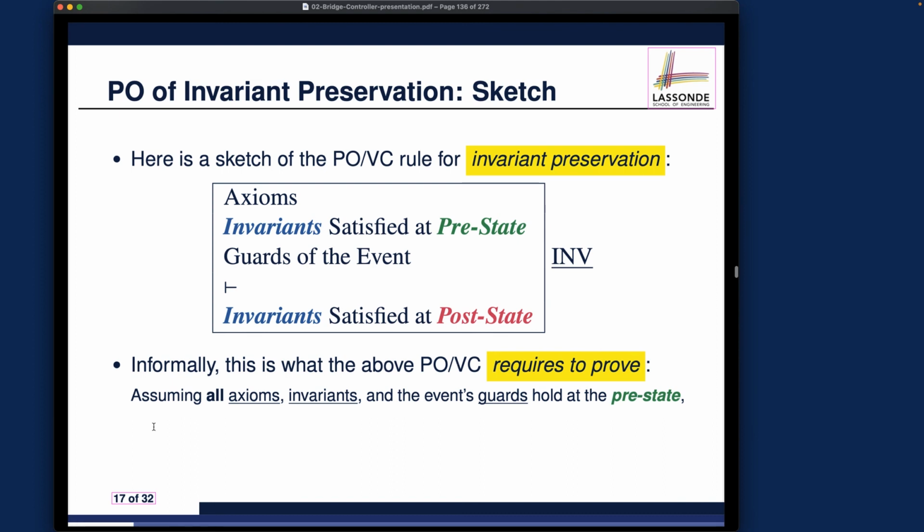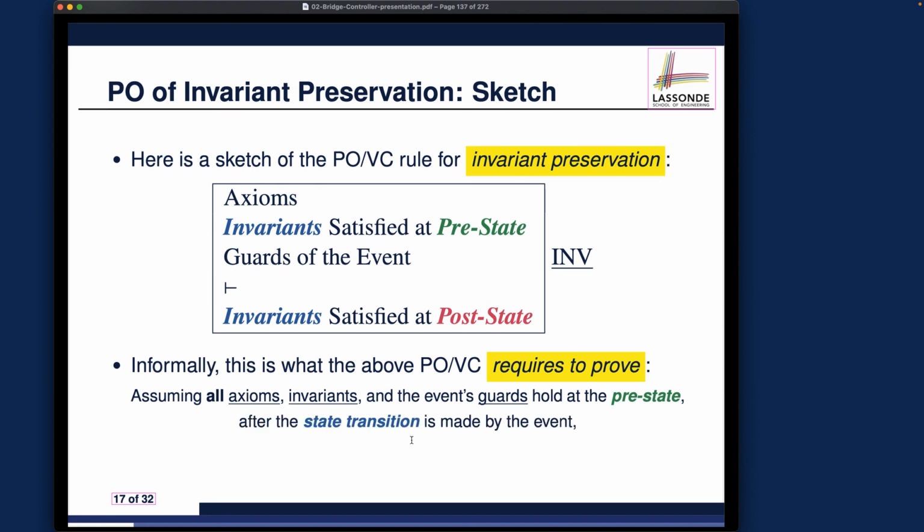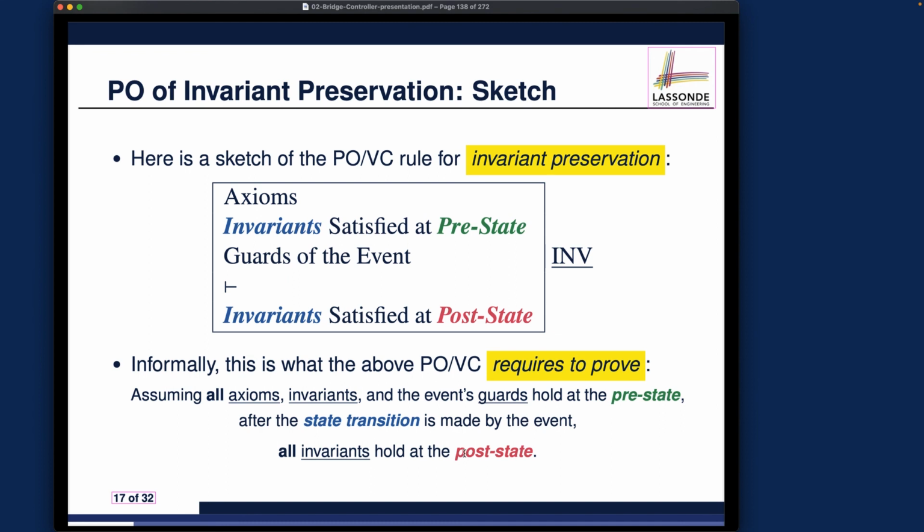We say that assuming all the axioms, the invariants, and the event guards. We talk about one event at a time for each rule. So here we're saying all the axioms, all the invariants in the pre-states, and also the guards of the event evaluated true in the pre-state, assuming all these, after the state transition, meaning that the effects of the event's actions take place, that will result in the post states. We want to make sure that at the post states, the invariants are still satisfied.